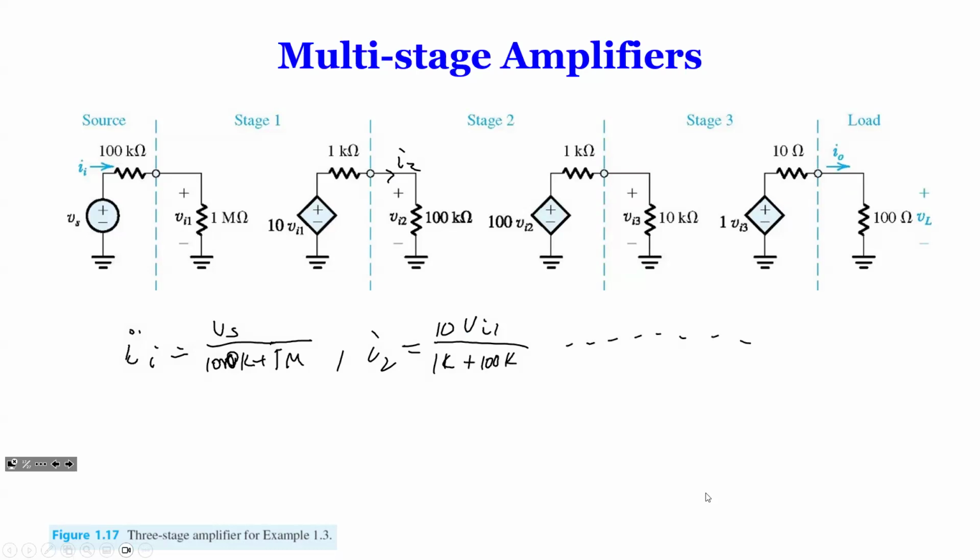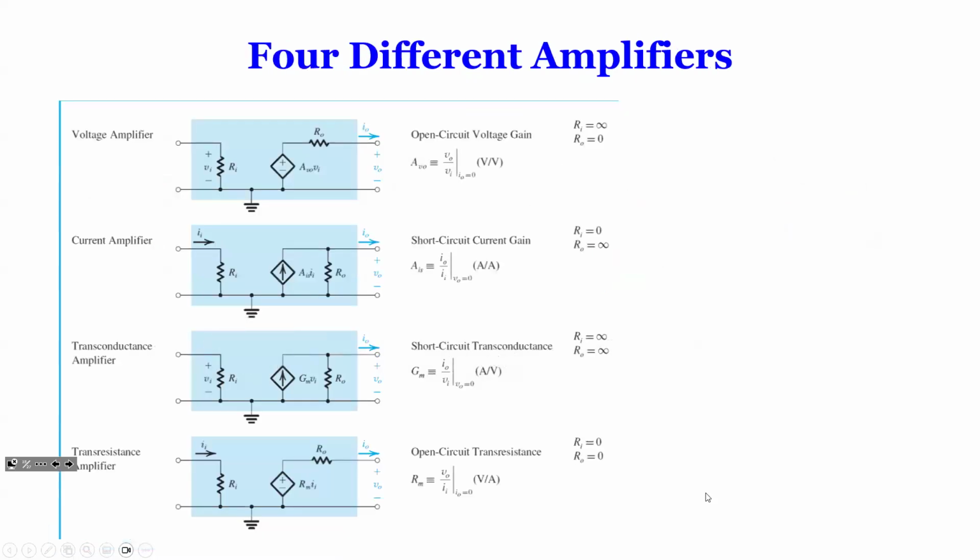Now we can write VL equal to VI3 divided by 10 ohm plus 100 ohm times. So this is a voltage divider, right? Step by step, you should be able to do it. There's one homework on this, so you should be able to do it.